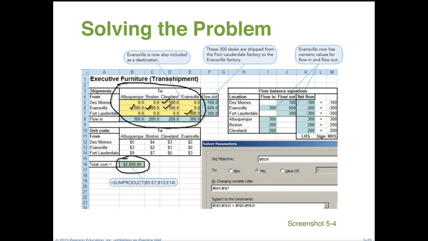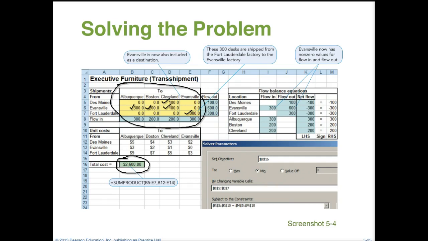So the point that I want to make here is that even though we have cheaper pricing and we want to ship everything to Evansville, if you notice, we still have some product, mainly from Des Moines going to Cleveland. It's still better for us to have those units go directly from Des Moines to Cleveland, even though we know we got cheaper pricing in Evansville.